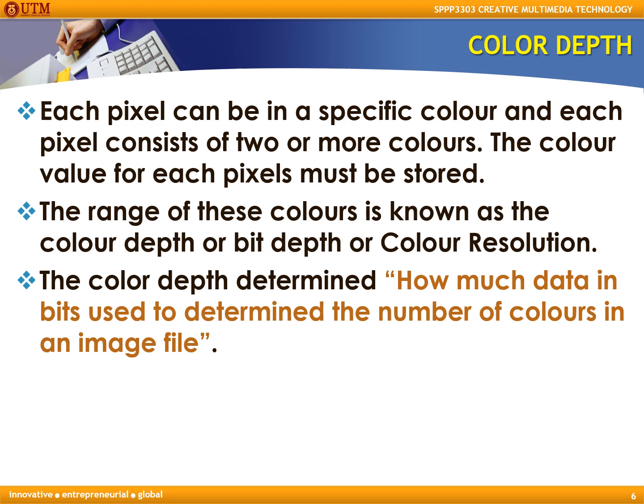Now the color depth is determined by how much data is in one bit. This is used to determine the number of colors in the image as a total, and in one pixel, how many colors.